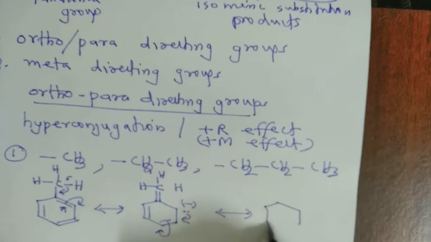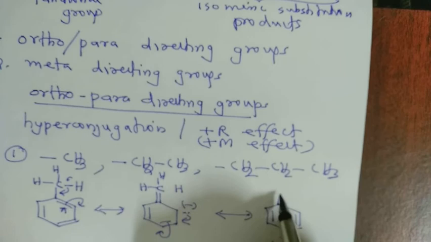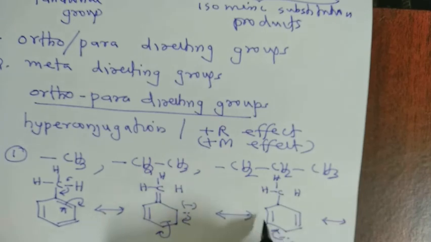So these are the hyperconjugative resonating structures of toluene. The lone pair is shifted to here, the pi electron is shifted to the next ortho position.